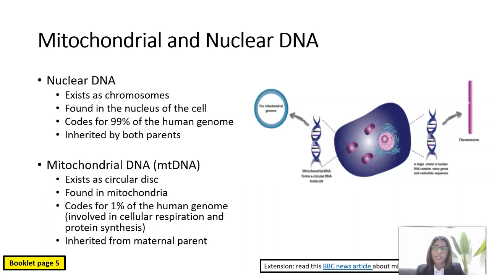Now, the interesting thing about mitochondrial DNA is that it's only inherited from the maternal parent, so that's the mother. You'll learn more about that next year. Now, if you're interested, there is a really good article from the BBC about mitochondrial disease and how science has managed to manipulate this to make a 3-parent child.